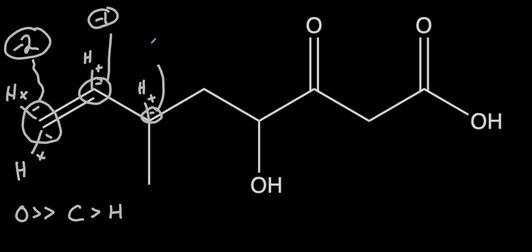We see this carbon is going to be -1. Let's take a look at this methyl group. There's a lot of hydrogens on that carbon, which means that we're going to have a very reduced carbon.